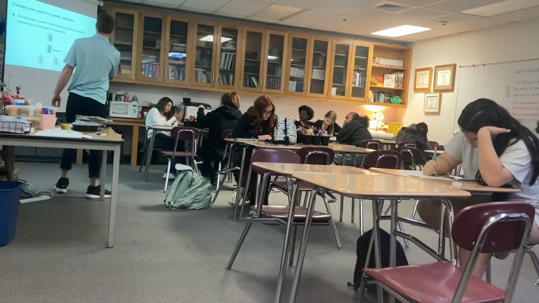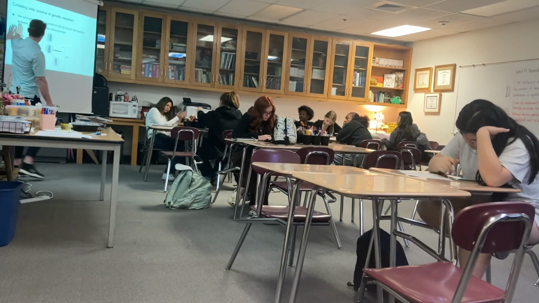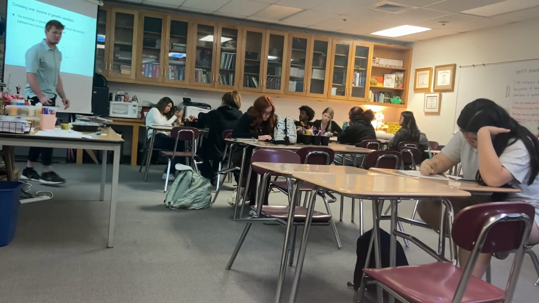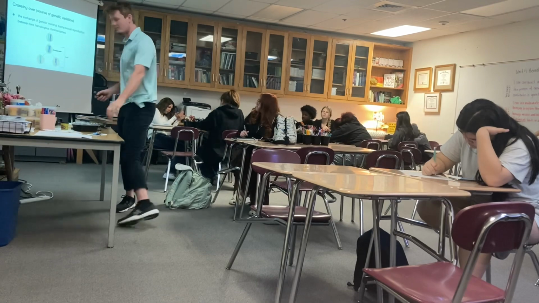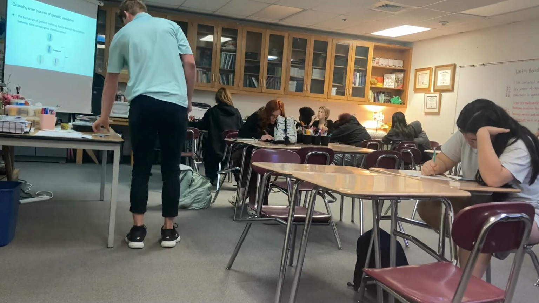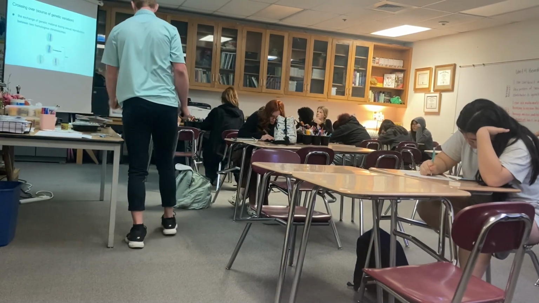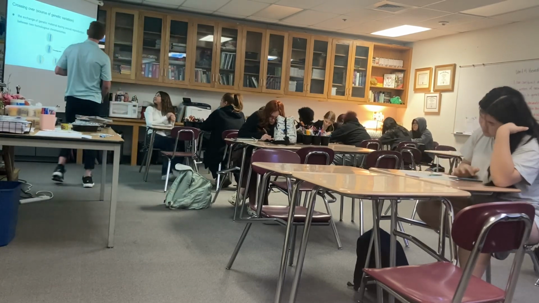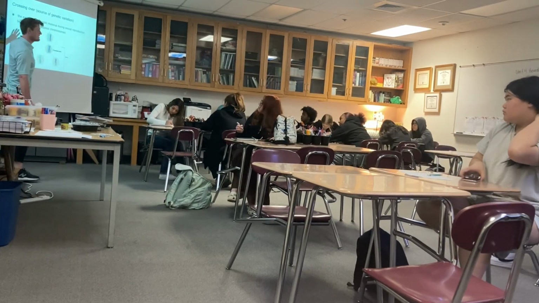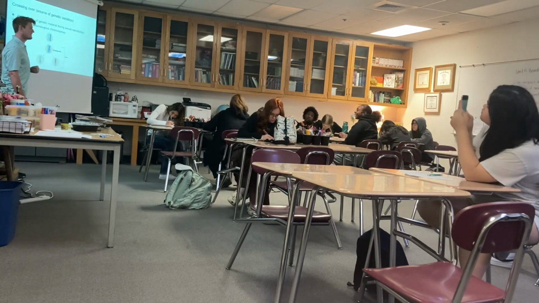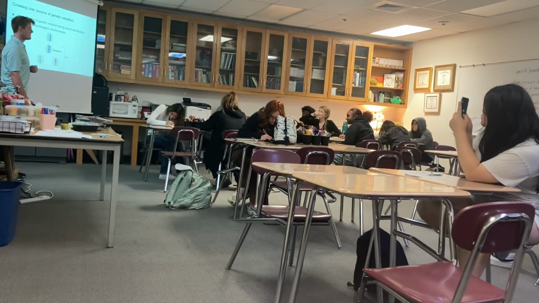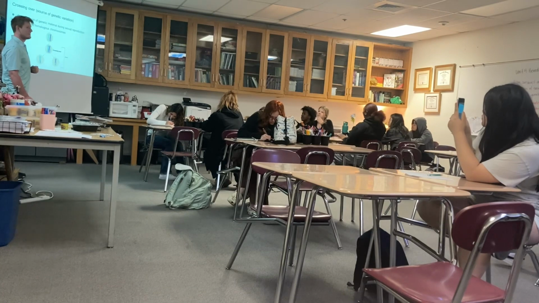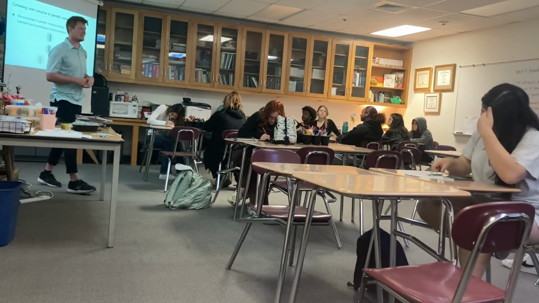So just to review those real quick, we have crossing over. I'm going to be randomly calling on you to answer some questions so I know where you're at. First question, Anaya, do you know what phase of meiosis this happens in? Prophase.